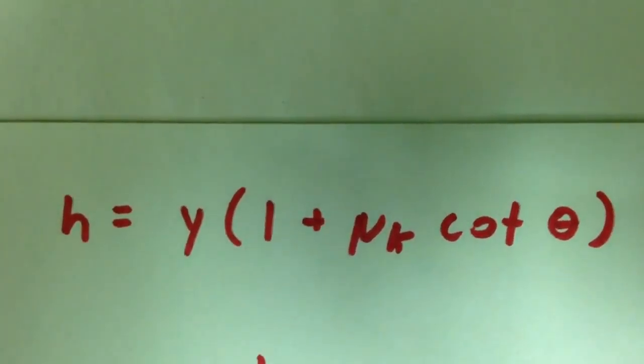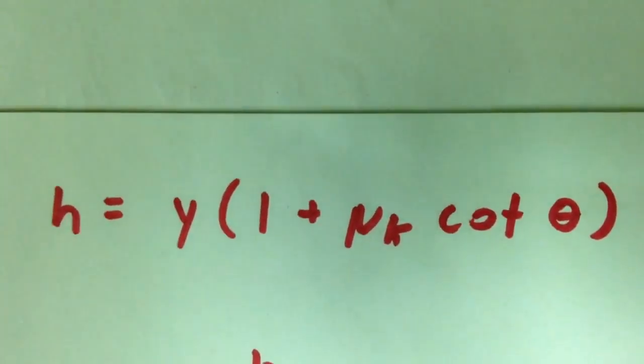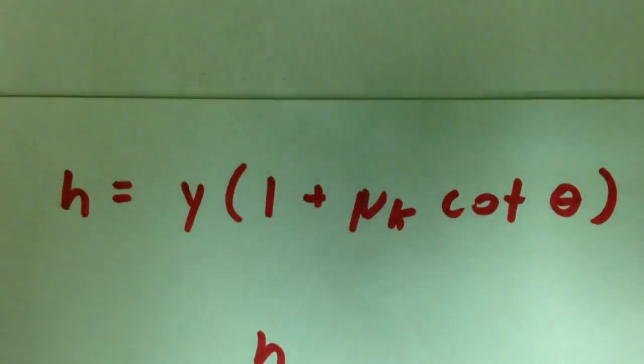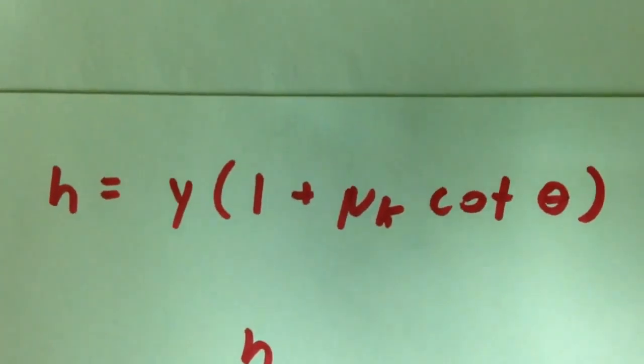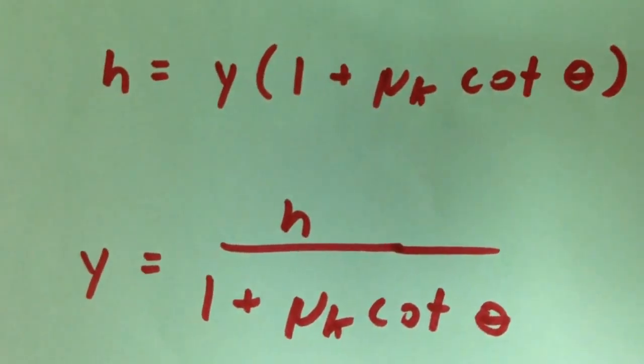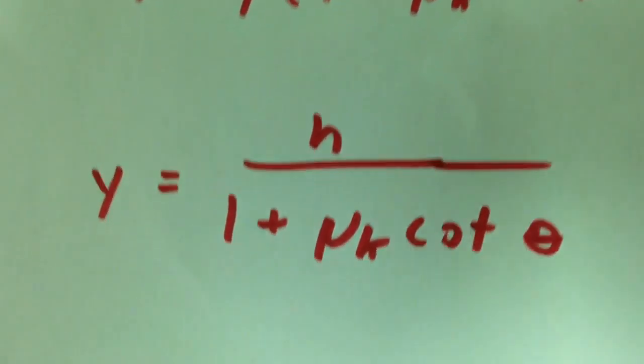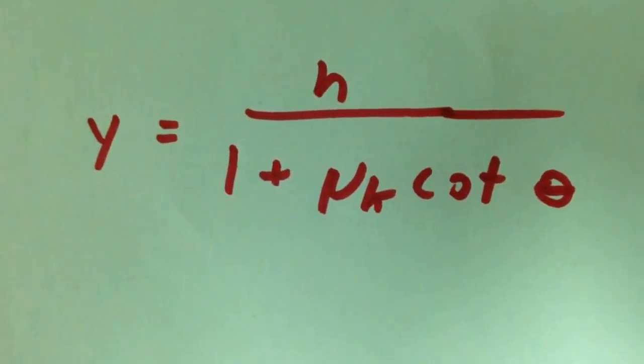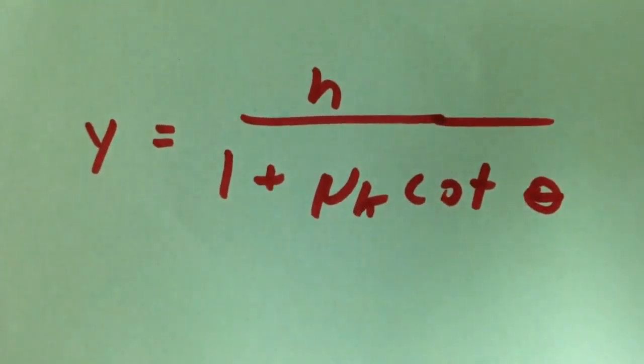Next, factor out y on the right-hand side, giving you h equals y times parentheses 1 plus μk cotangent theta. Then, dividing the left side by 1 plus μk cotangent theta, we find that y equals h over 1 plus μk cotangent theta.